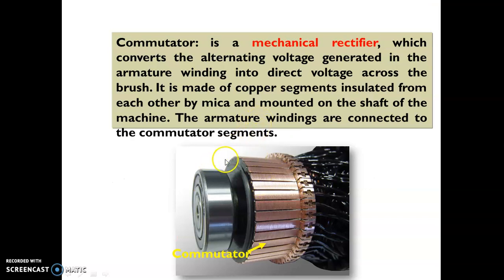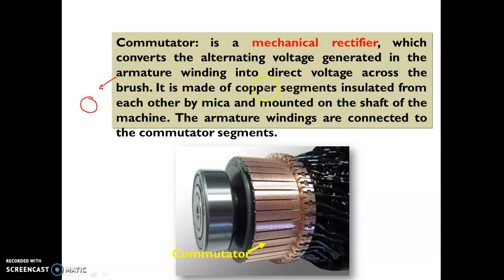Now you see this diagram here, machine diagram. What is commutator? Commutator definition: a mechanical rectifier which converts alternating voltage generated in the armature into direct voltage across the brush. What is armature? Armature is rotating part, rotor, winding.